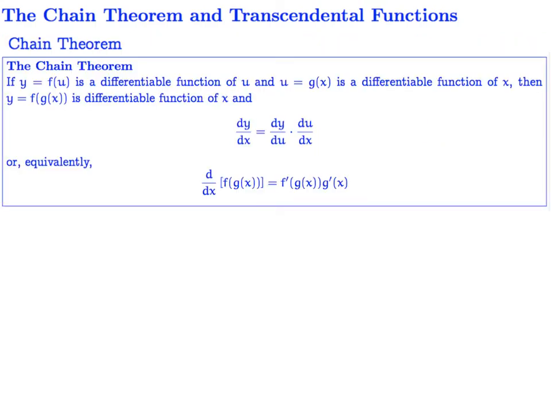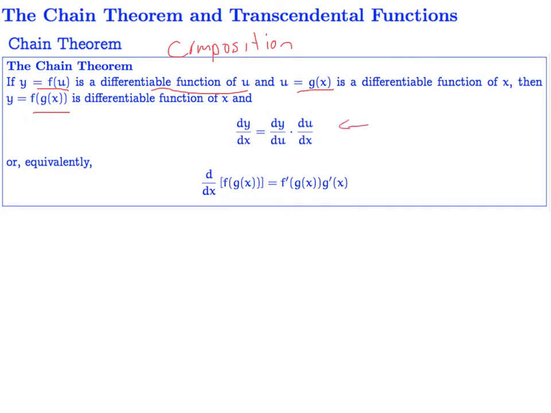What we have in front of us is called the chain theorem, and it should really almost be called the composition theorem. It helps whenever you have a composition of two or more functions. The theorem says that if you have one function, y equals f(u), and it's differentiable, and another function, g, that's also differentiable, and you compose them, then you can find the derivative.